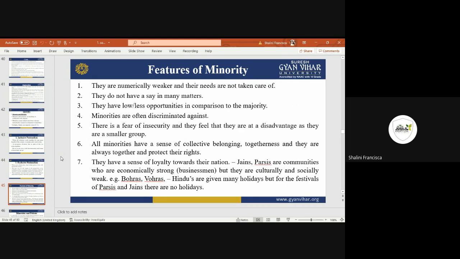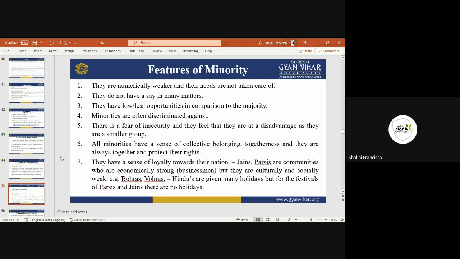Minorities have a sense of collective belonging and togetherness, and they are always together and protest for their rights. I must give an example for this: the NRC and CAA for nationality approval in 2019. In that case, it was set for all Muslims, all Christians, all minority religion people, that they should show whether they are citizens of India or not.